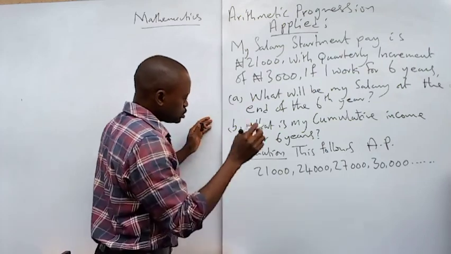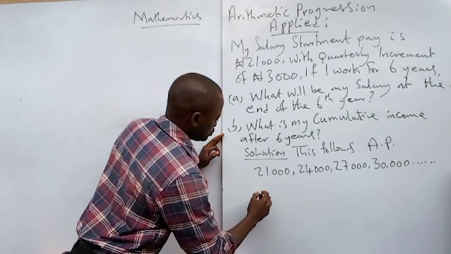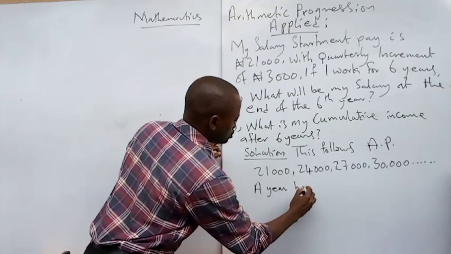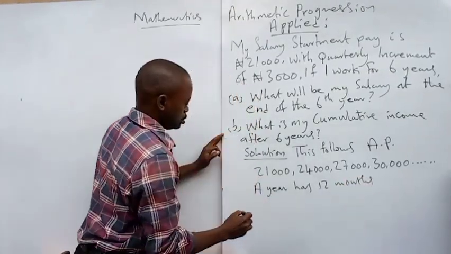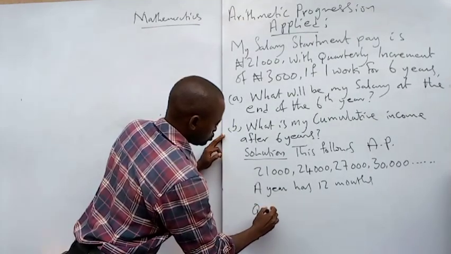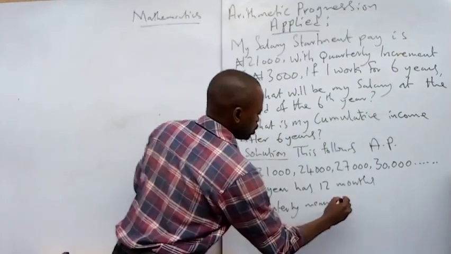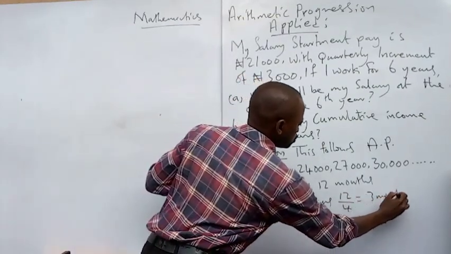Do you realize that a year has 12 months, and quarterly means 12 divided by 4, which is 3 months?